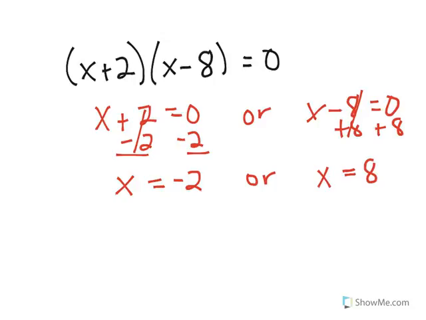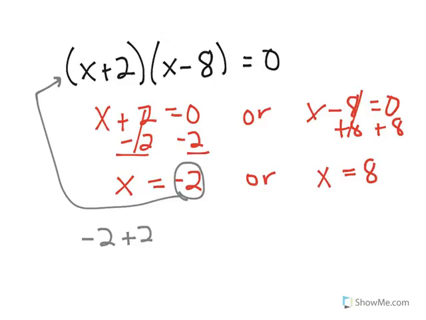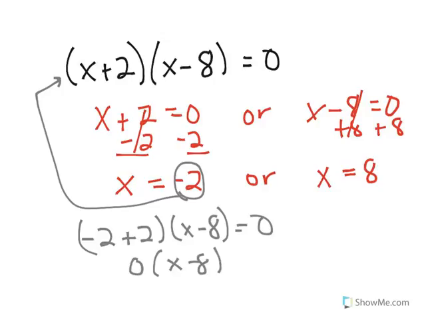So if we go back and check our work, we plug the negative 2 into our original equation, we get negative 2 plus 2 times x minus 8 is equal to 0. Well, that says 0 times x minus 8 is equal to 0. Well, anything times 0 is equal to 0, so that checks.